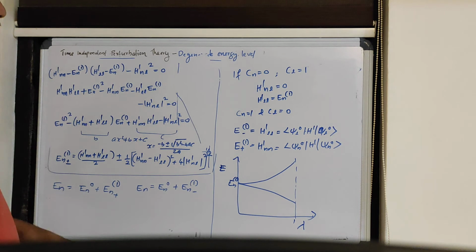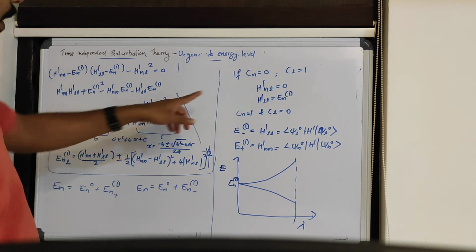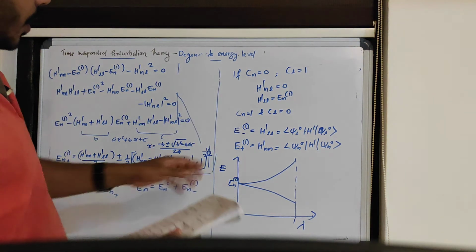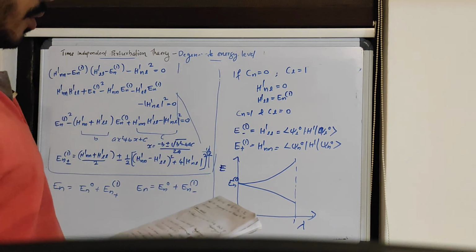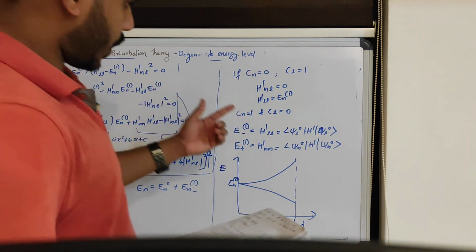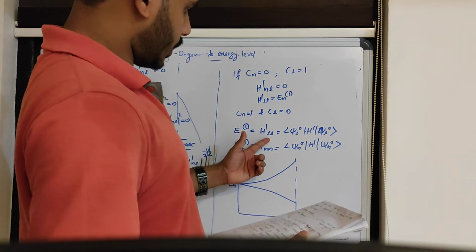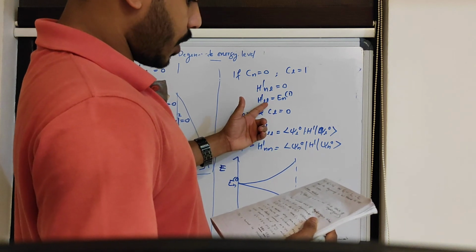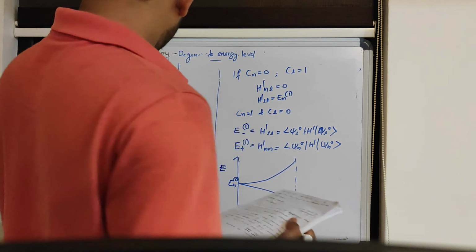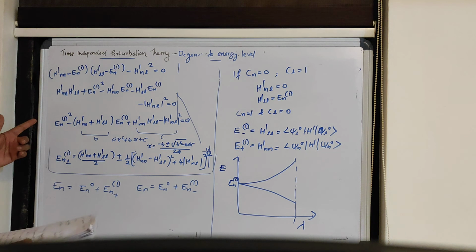Here in this case, if H prime NN and H prime LL are both the same, and if H prime NL is equal to 0, where is it in our equation?